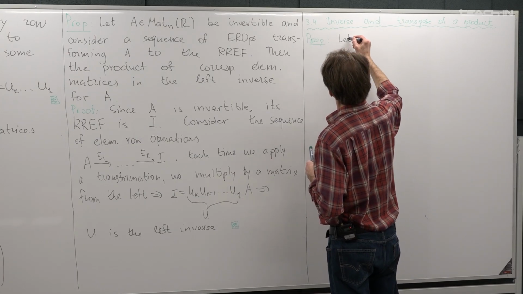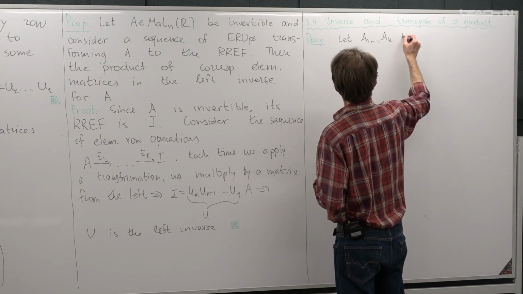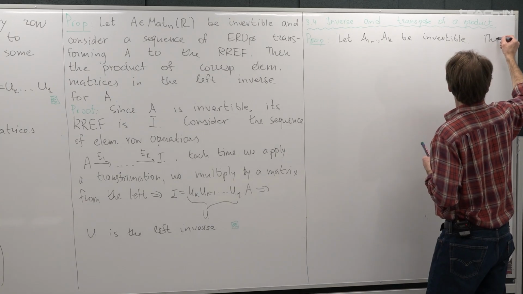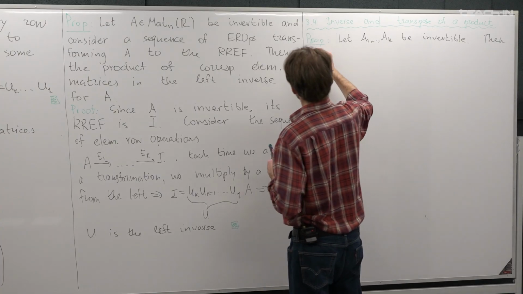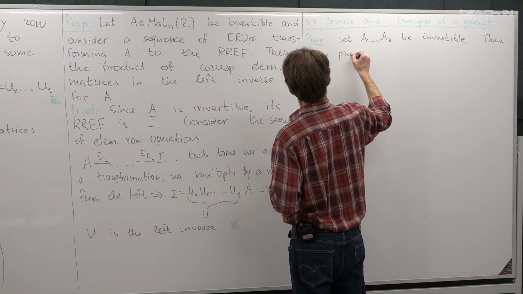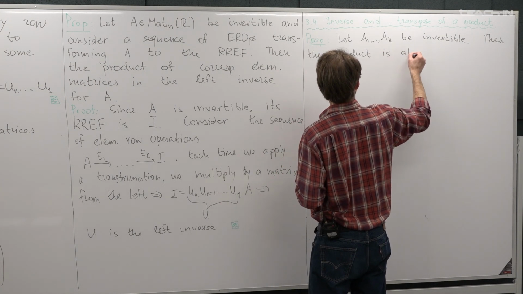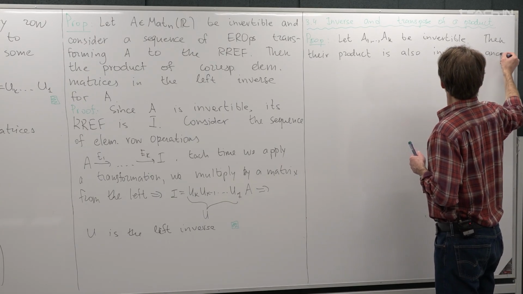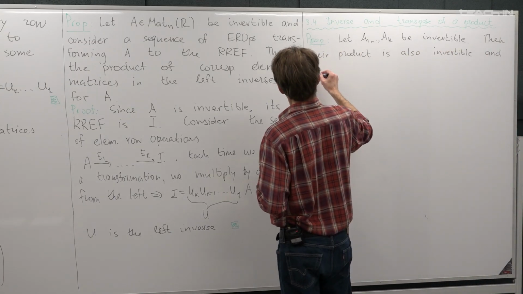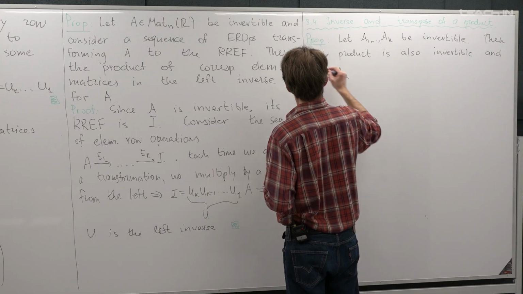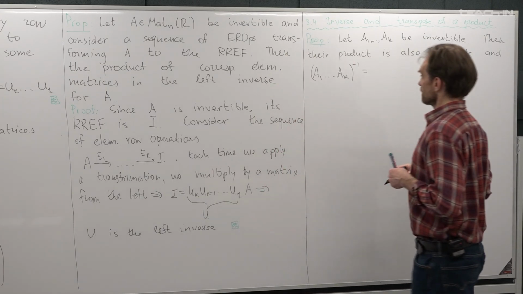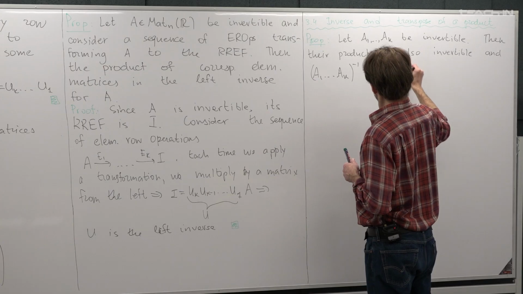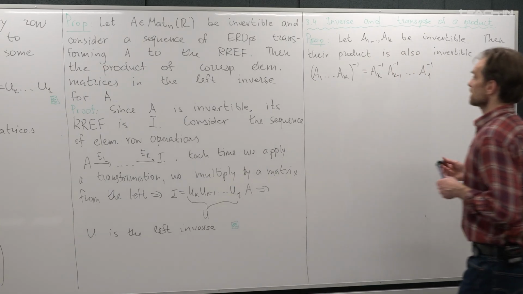So let A1 etc. AK be invertible. Then their product is also invertible, and the inverse of the product is the product of inverses, but in the reverse order. So this is what we are going to prove.